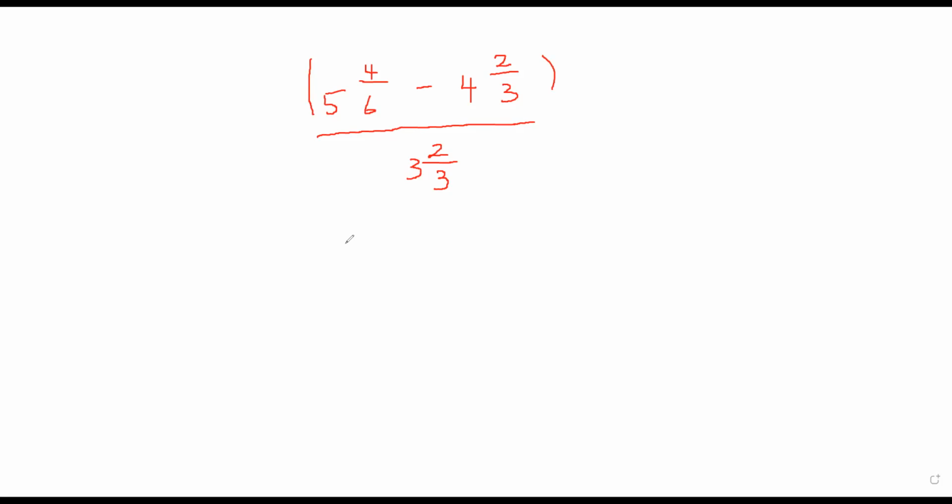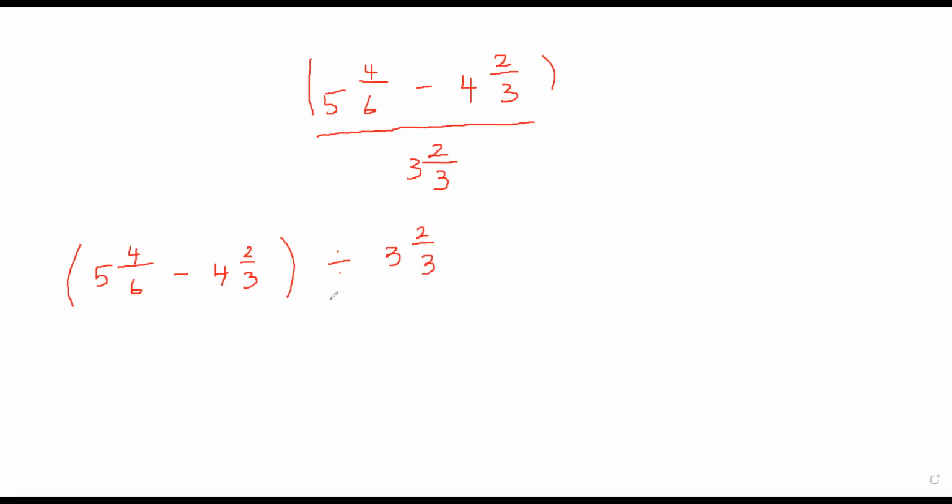If you want to put this in a horizontal form, it will be like this: 5 and 4 over 6 subtract 4 and 2 over 3, in brackets. This tells you that you have to work the top first, and then you divide it by what's at the bottom, 3 and 2 over 3.